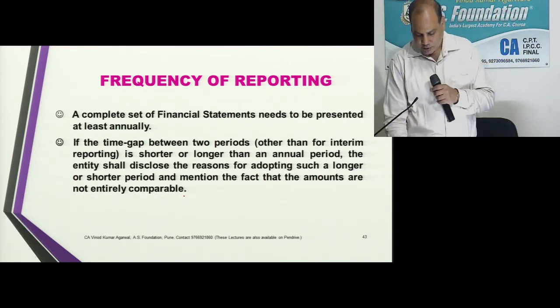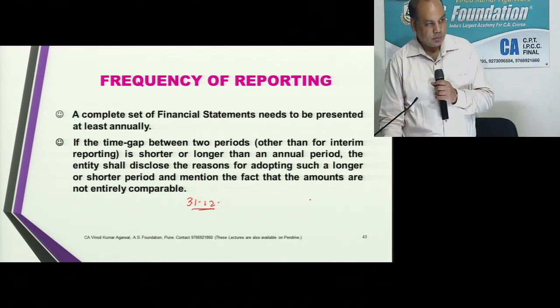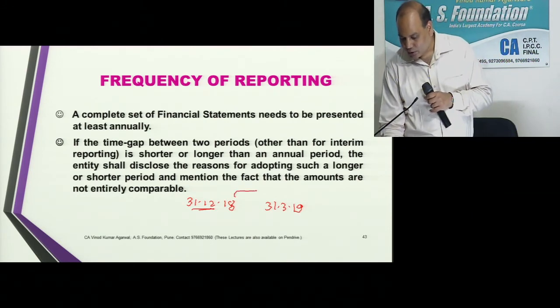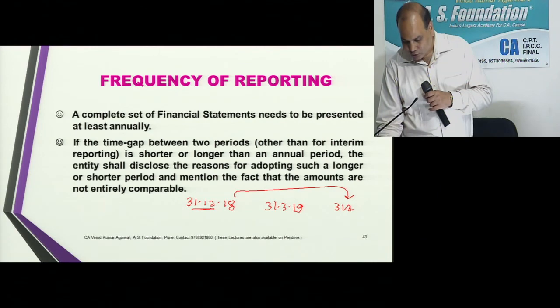Sometimes yes. For example, till last year, our year ending date was 31st December, and now the company moves to March. So this is, let us say, 18. So immediately I will not close my books on 31st March 19. Will I? Only 3 months? No. So what I'll do, I will now directly close my books on 31st March 2020.